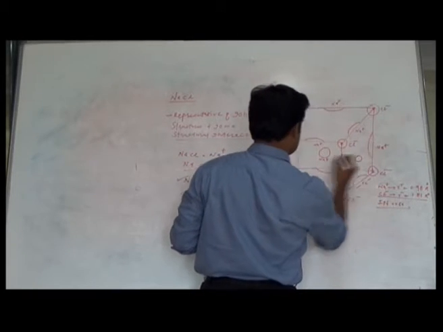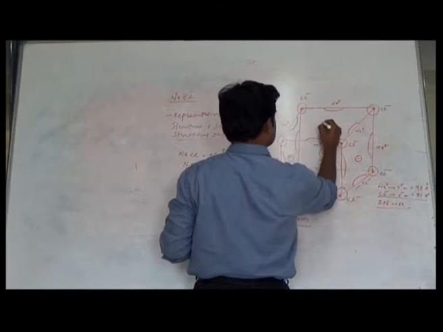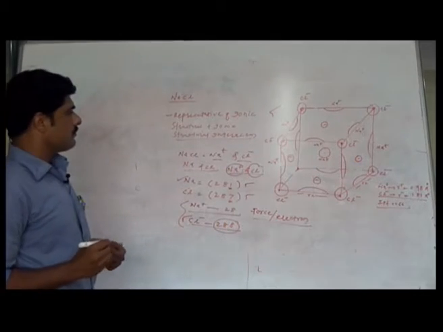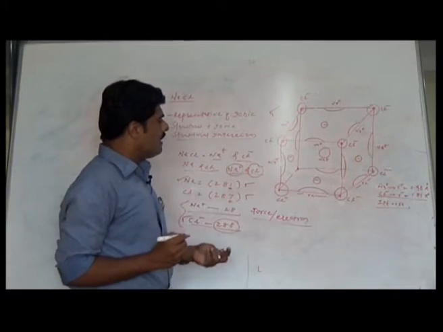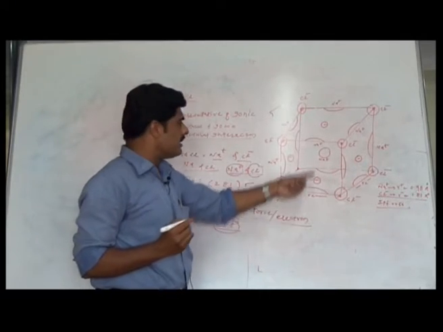Corners and face centers, you can say these are also Cl minus. A few representative examples we can draw, and the sodiums are occupying the positions of the edge centers and the body center.